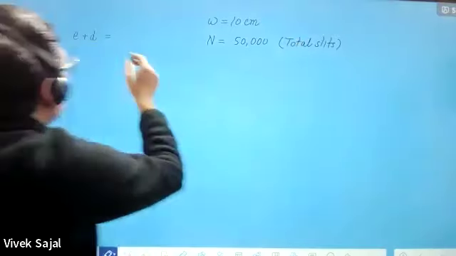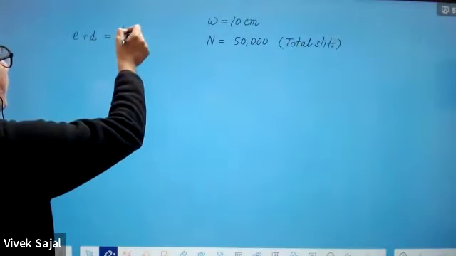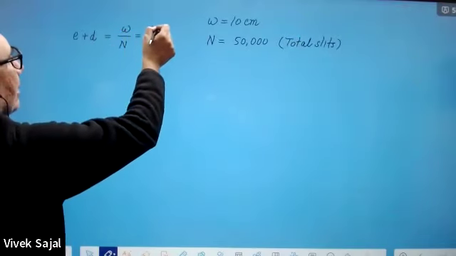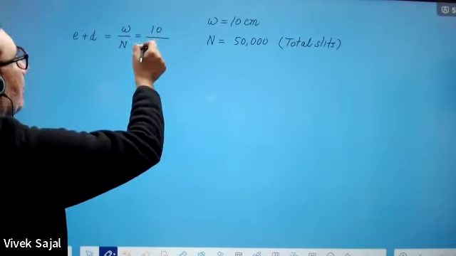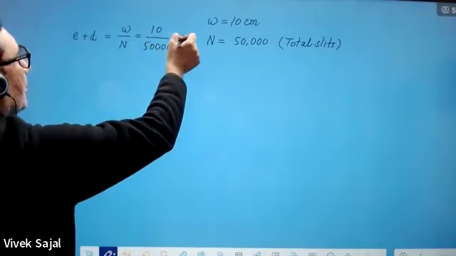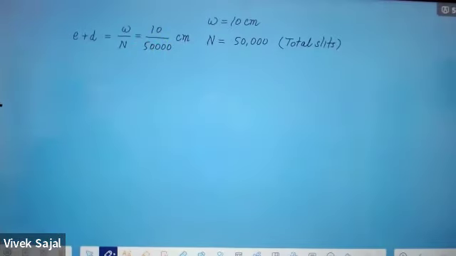In this case it will be very simple. This will be W upon N, and you will calculate it as 10 centimeter divided by 50,000.